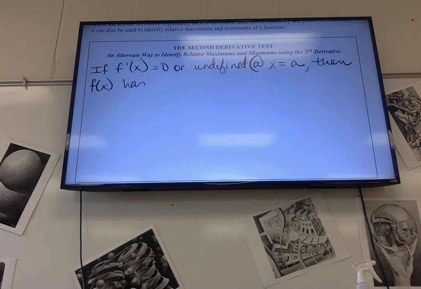So if f prime of x, the first derivative, is equal to 0 or undefined at some point, we'll say x equals a, then f of x has a possible relative max or min, which we already knew. Those are called critical values.